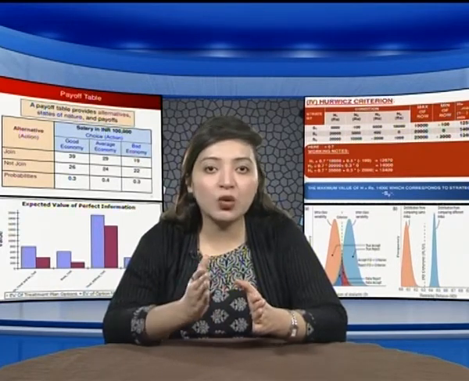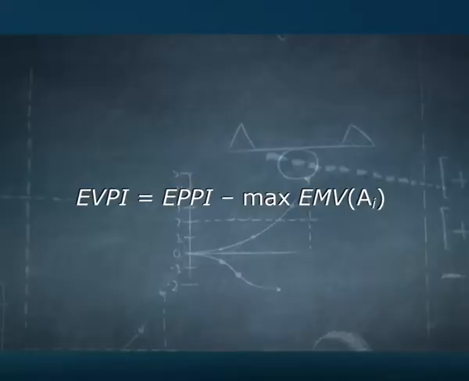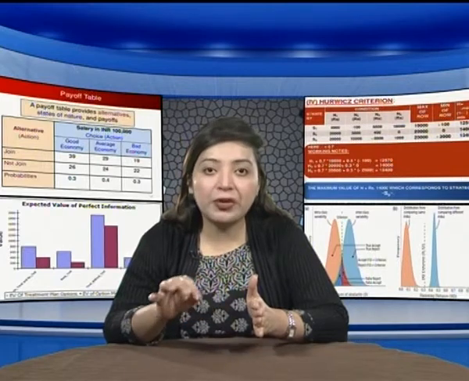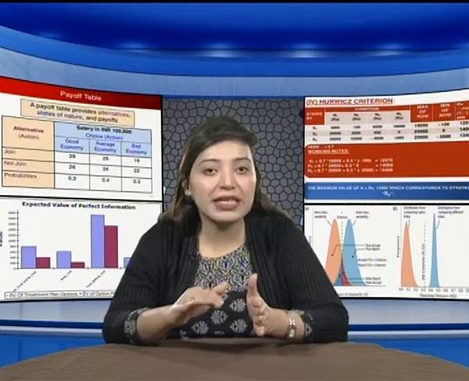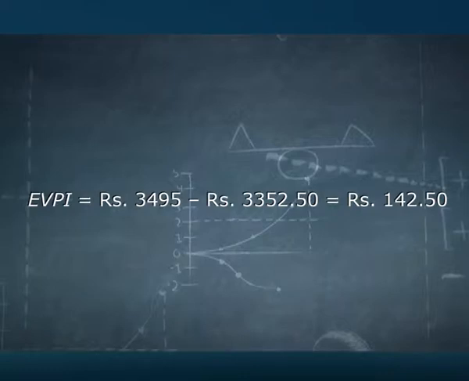The difference between these expected values is called the value of perfect information. Symbolically, EVPI is equal to EPPI minus maximum EMV of A. The expected value of perfect information in the case of the fruit seller is EVPI equals Rs 3495 minus Rs 3352.50.